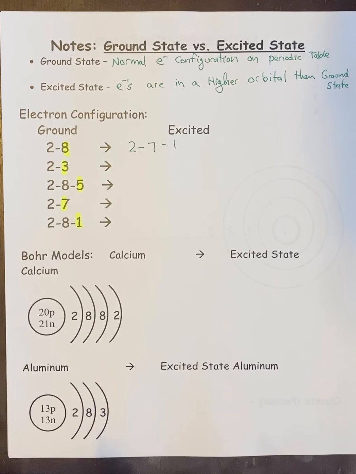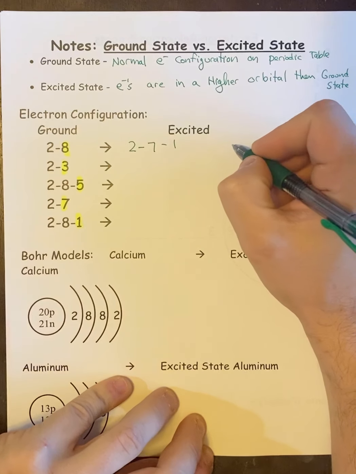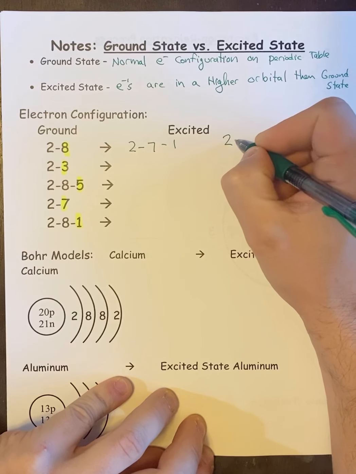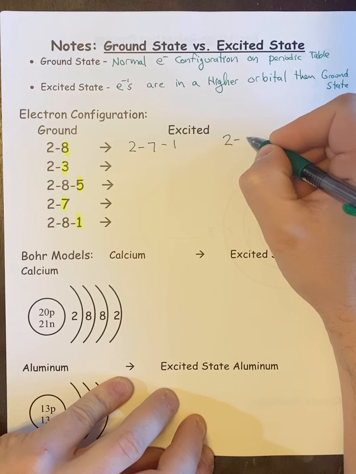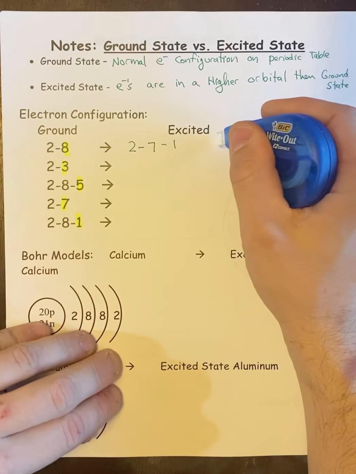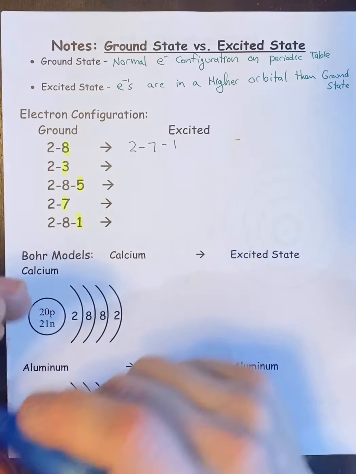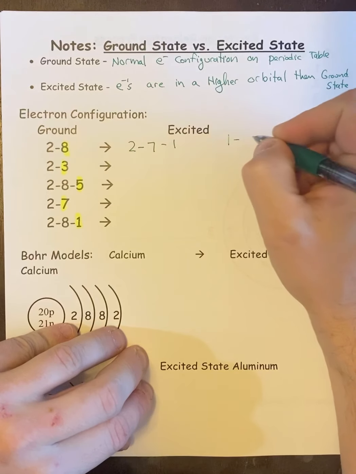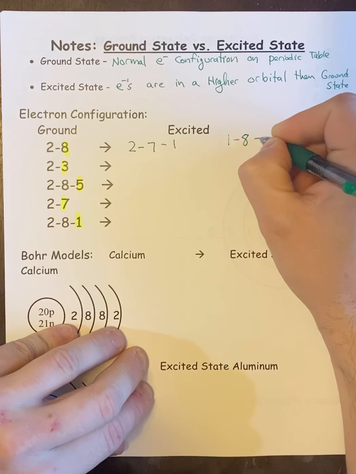Now, be aware, if you see this in a problem or on the Regents or something like that, that's not the only excited state configuration. You could, in theory, take one from the first orbital and bump it up, oh, I made a mistake there. You could take something from the first orbital and put it in the third. So you could have 1, 8, 1, 1.